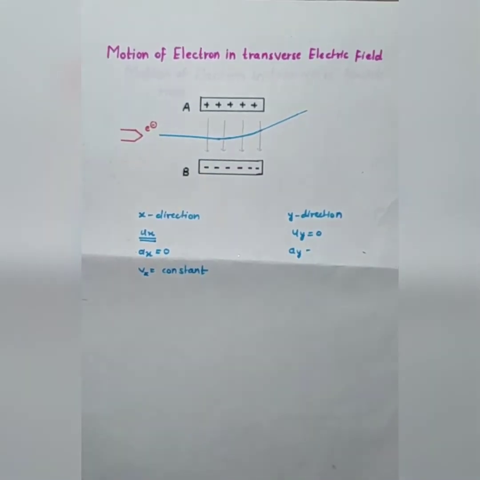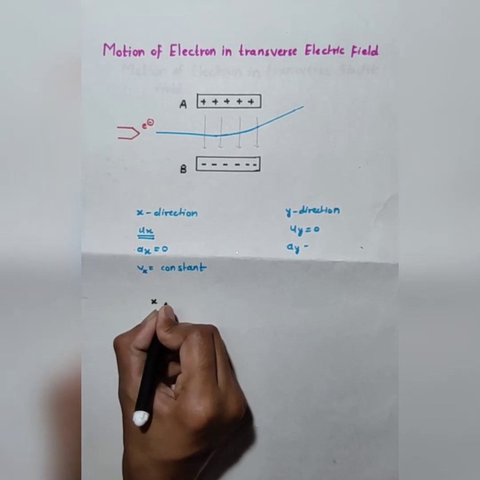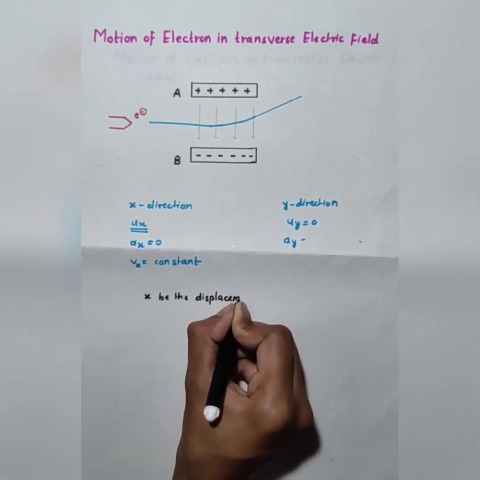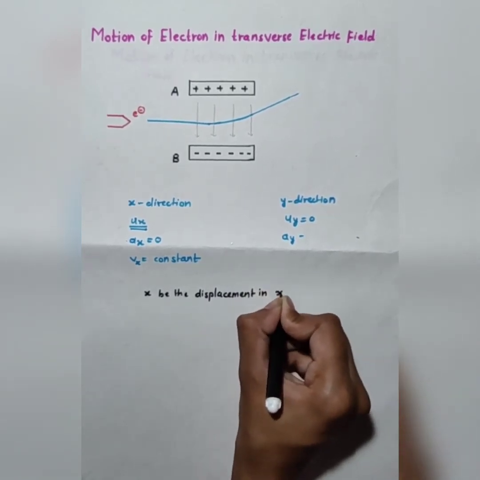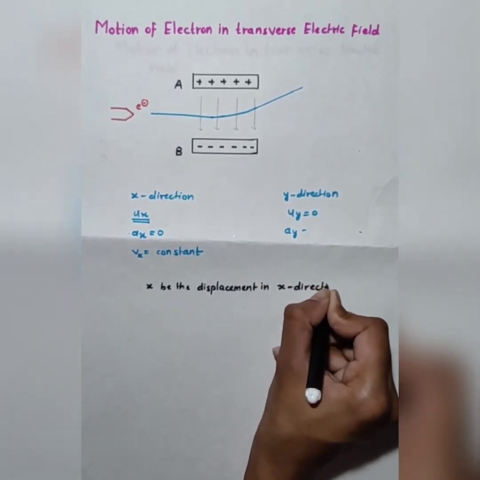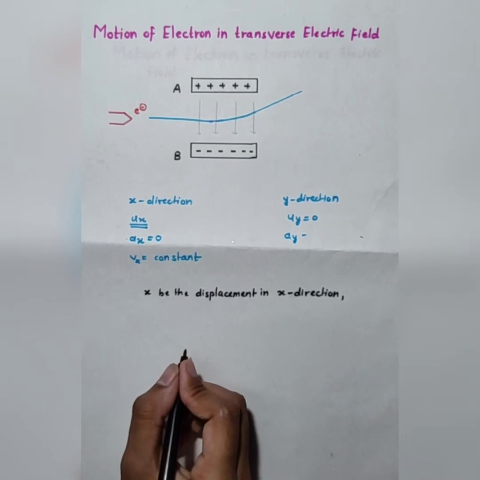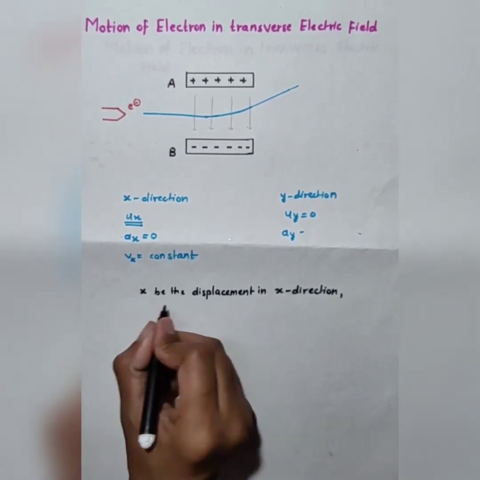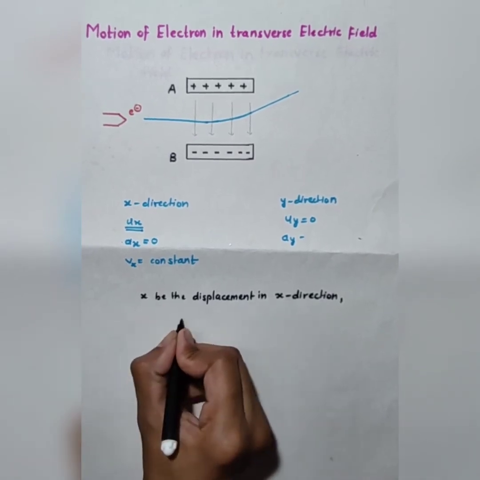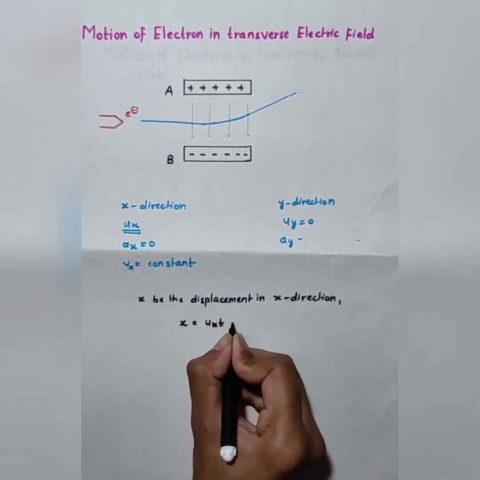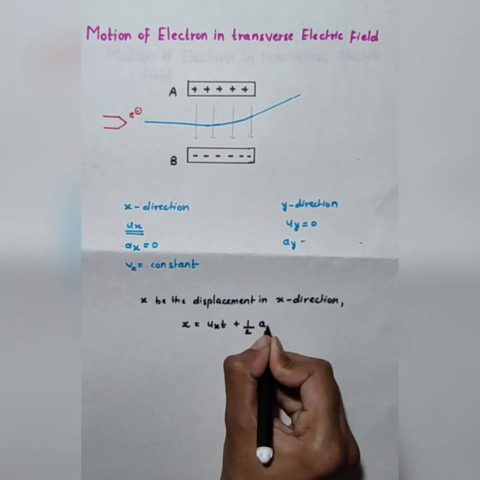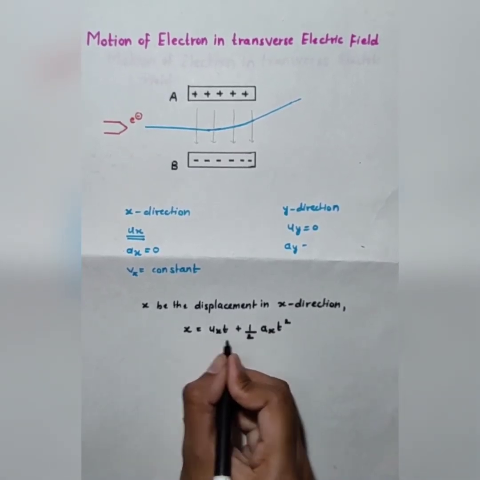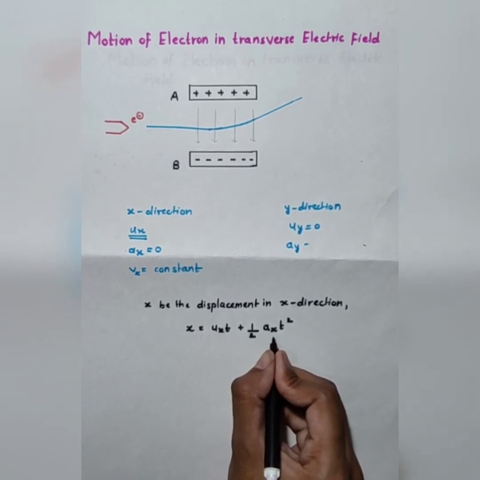Now let x be the displacement in x direction, which we can calculate by the kinematic equation s equals ut plus half at square. In our case, as x is the displacement, we can write x equals uxt plus half axt square, where ux is the initial velocity of electron and ax is the acceleration of electron in x direction.